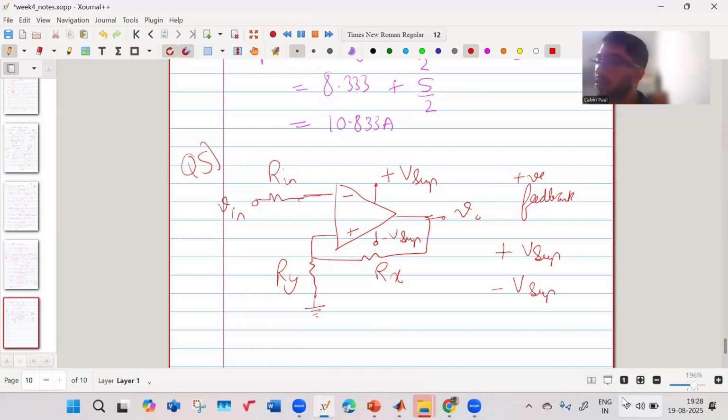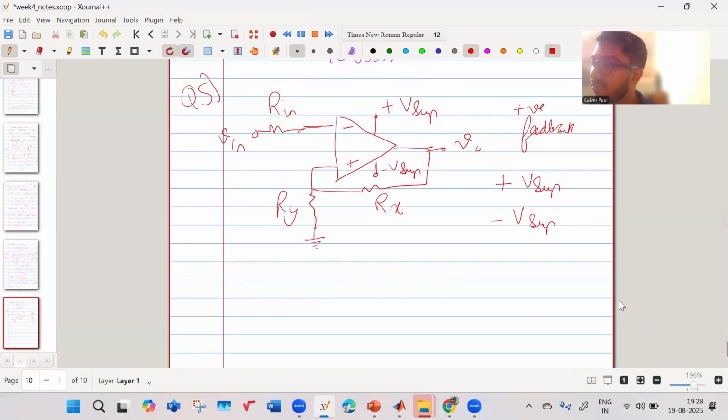So how do you analyze this? I did a previous course, electrical measurement and electronic instrumentation, where this was also considered. How the professor taught was, we will assume that my output is equal to plus V supply.